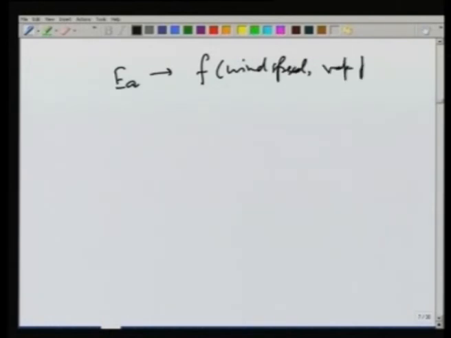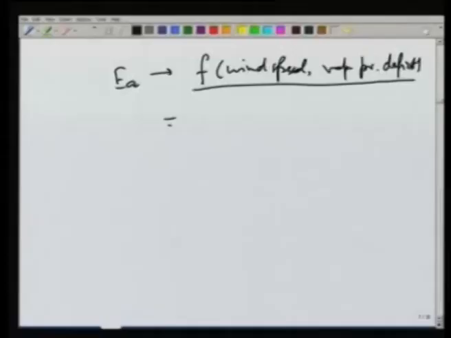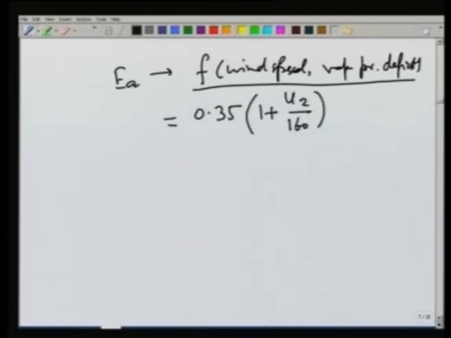As we have seen earlier in evaporation, the evaporation depends on wind speed and the difference in vapor pressure at water temperature, saturation vapor pressure at water temperature, and the actual air vapor pressure. So, this was given by an equation 0.35 (1 plus U 2 by 160) (E W minus E A).